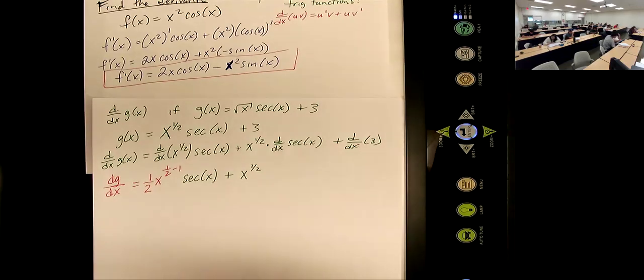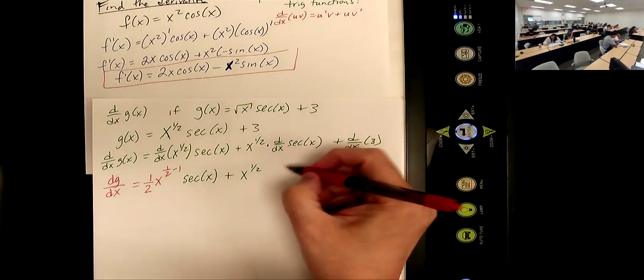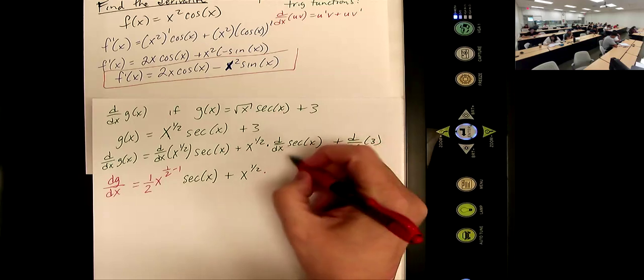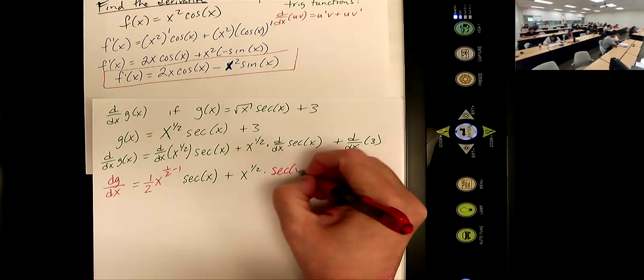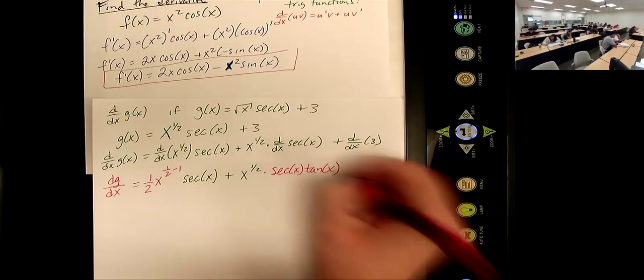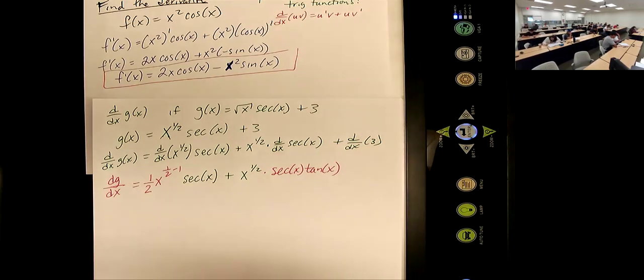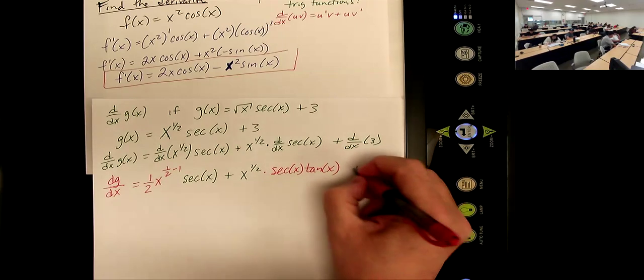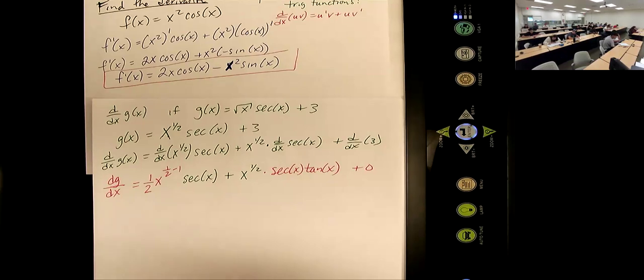And then what was the derivative of secant x? Secant x times tangent x, yep. And what's the derivative of 3? 0. I'm just making a note of it, it's gonna go in the next one. But if I don't put the plus 0, someone will ask me what happened to the 3. Guarantee you.